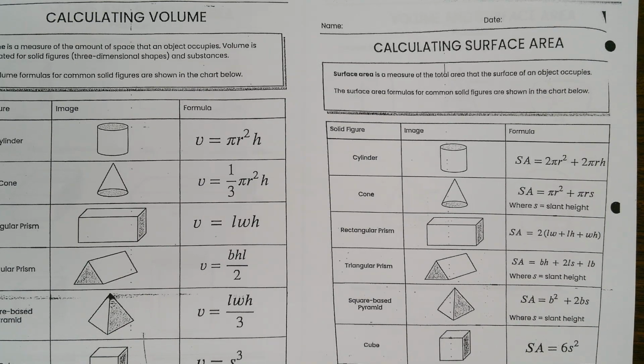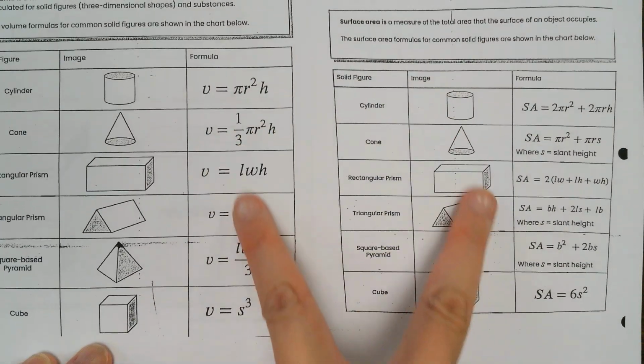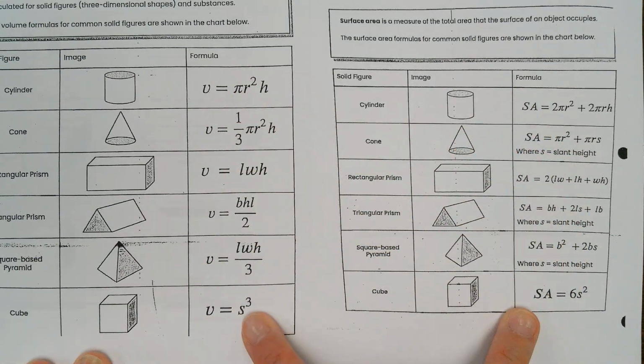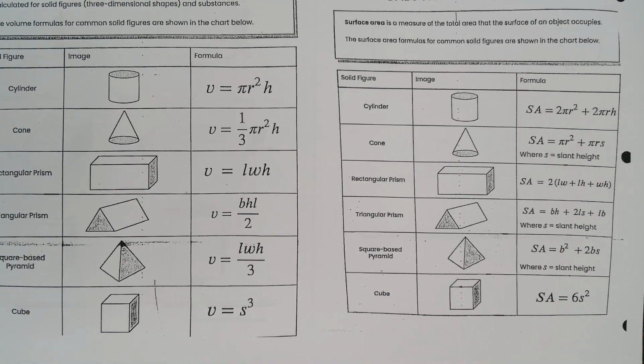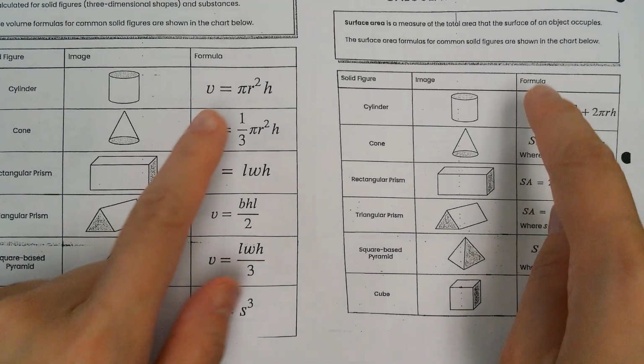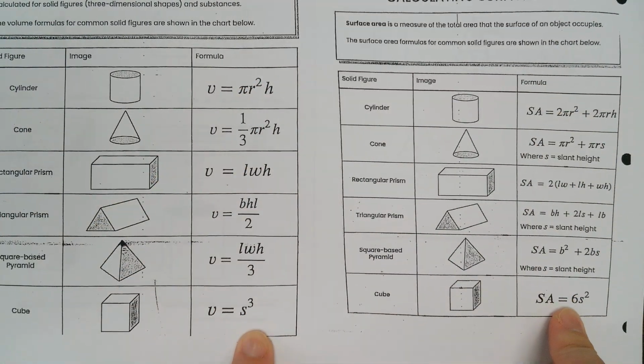Those you are expected to memorize. What about these ones? Should I make you memorize these? No. I don't have to, so I won't. On the test and on the final exam, you will be given these formulas.